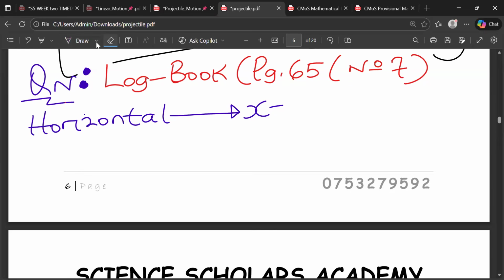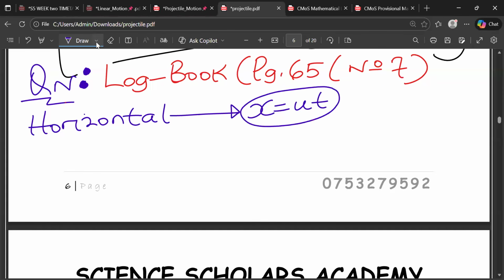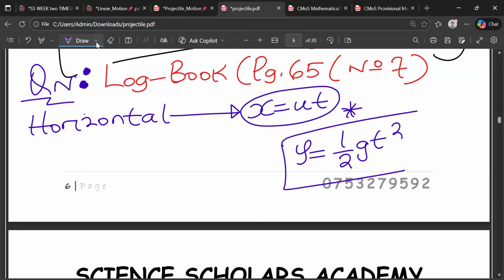These ones are going to disturb us. Do you see anything there like x is equal to ut? Is it there? x equals ut, or y is equal to a half gt squared? Are they there or they are not? But there is sine and cos. I know, but that is something else.